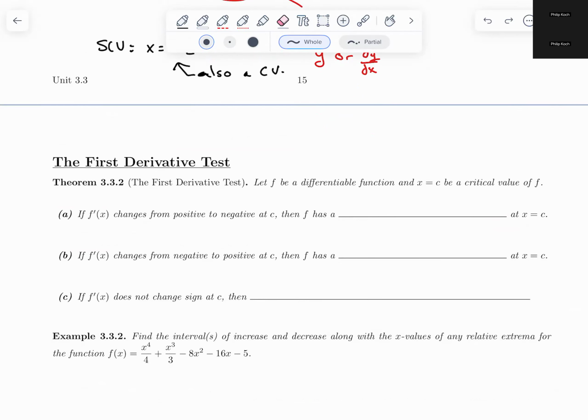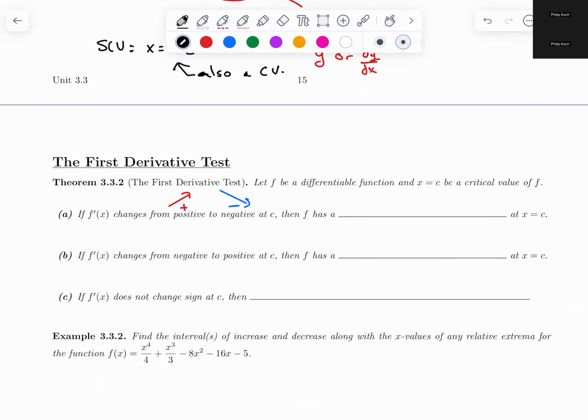if f prime changes from positive to negative, so I'm going to draw this above it, from positive to negative, then f has a, what do you think? If your derivative changes from positive to negative at x equals c, that means you went from increasing your original function.